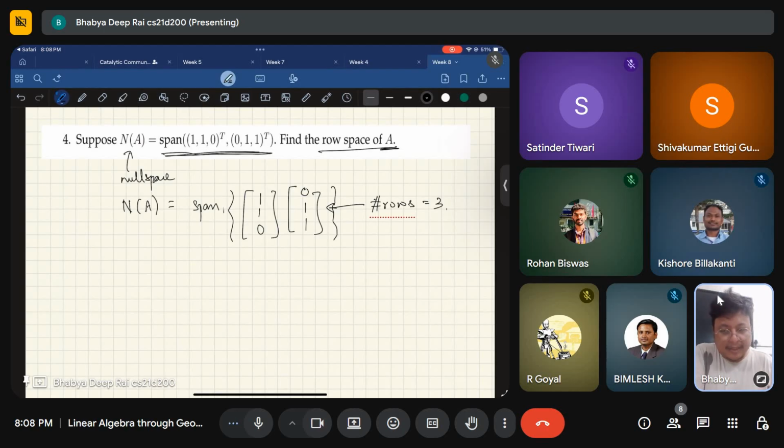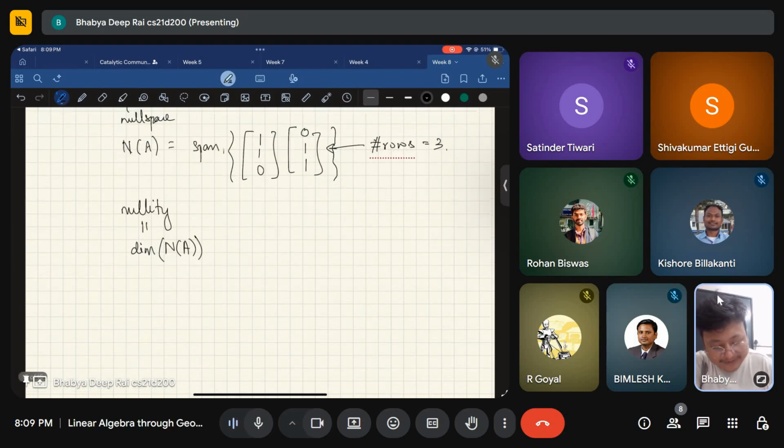The next thing I have is this theorem that the nullity, which is nothing but the dimension of the null space, is 2 here, because there are 2 vectors, and observe that these are linearly independent, so this forms a basis.